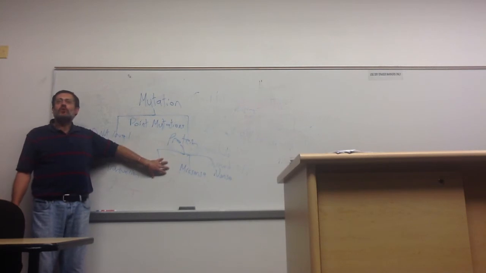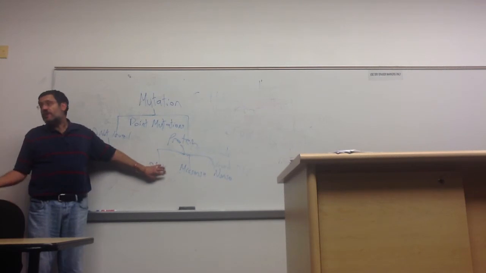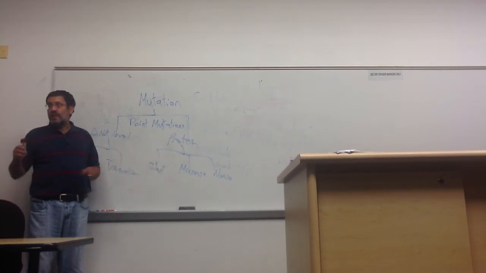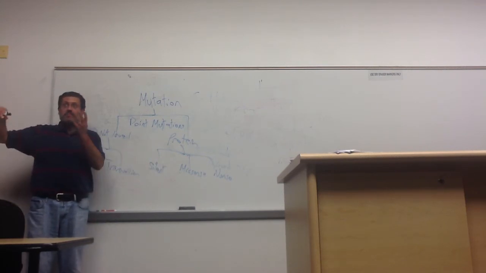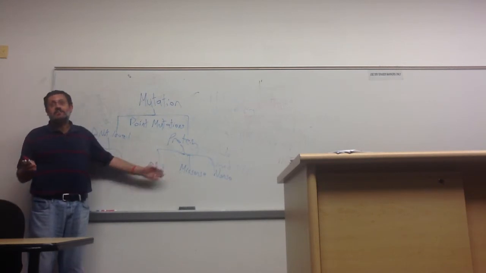What property of the code gives you silent mutations? The degeneracy, absolutely. The fact that you can change several codons and not change the amino acid, that's a silent mutation.